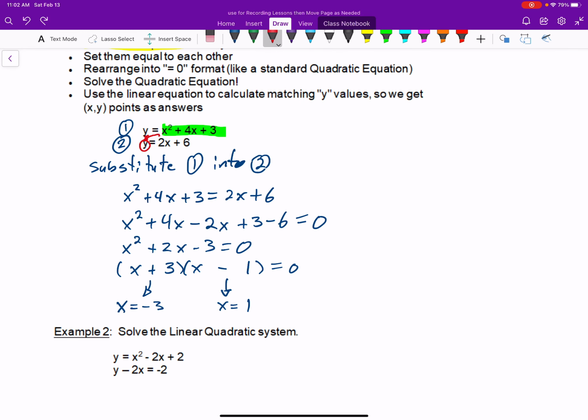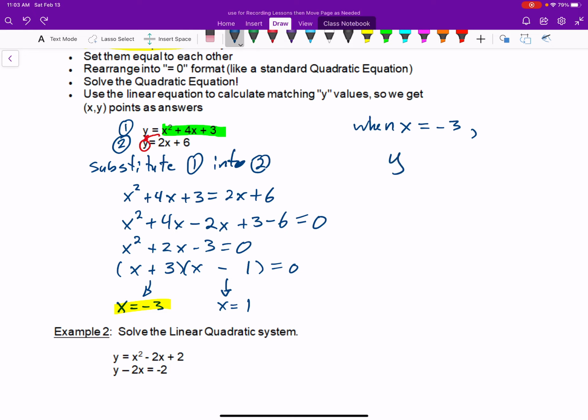So when x equals negative 3, then I can substitute it back into either one of these equations here, the quadratic or the linear, because it's on the graphs, it's going to be on both of these graphs. So I hope it's obvious that working with the linear one is going to be less work. I might as well just plug it into the linear equation to find out what y is.